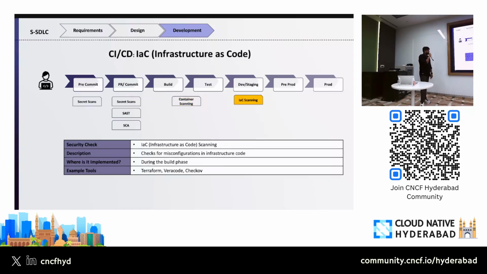Okay, next is the deployment. Once we have done this build and test, our container images are ready, so now we are going to deploy it. Before deployment, of course, the development teams will deploy it to a dev or staging environment. So what security scans can we integrate here? One of these is IaC, infrastructure as code.